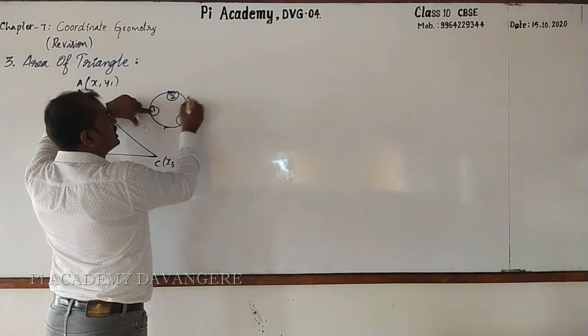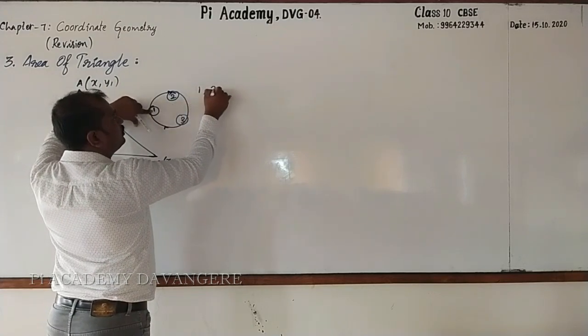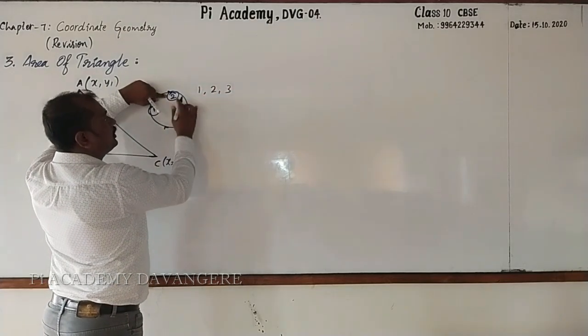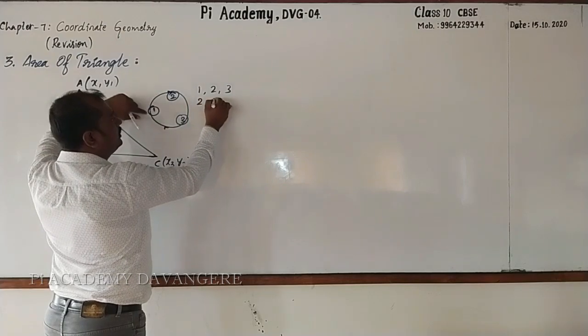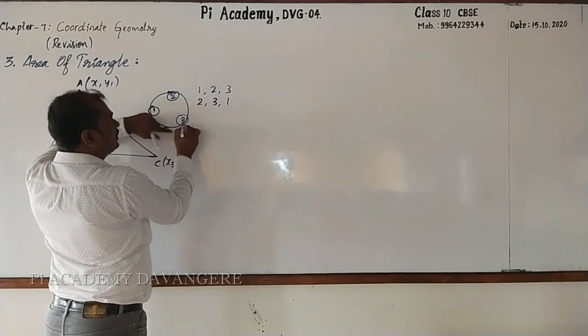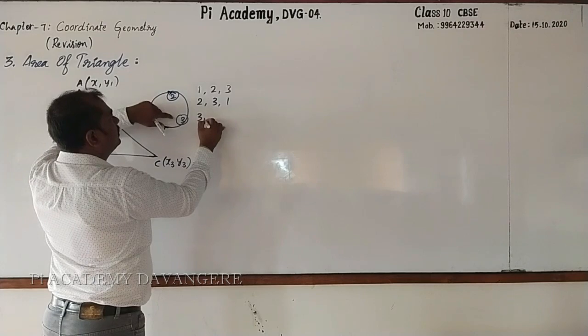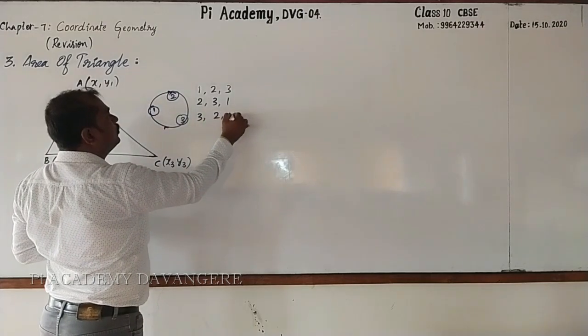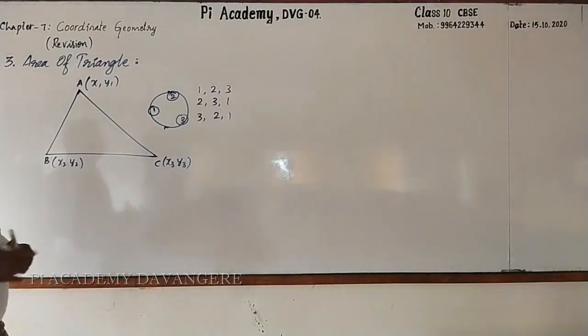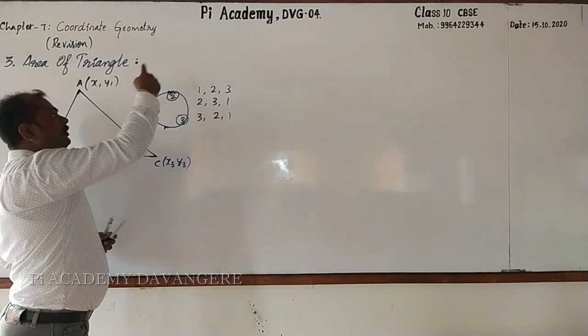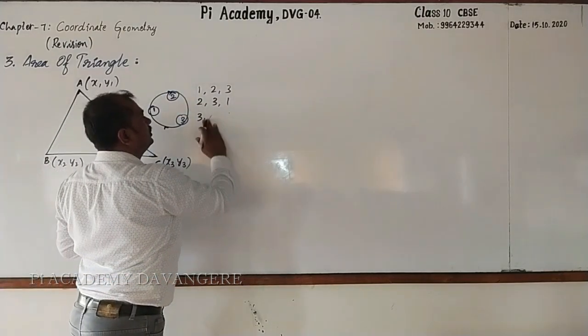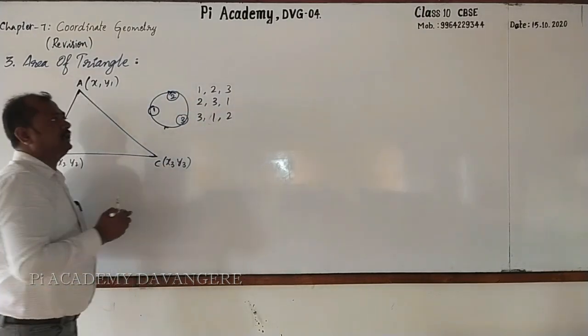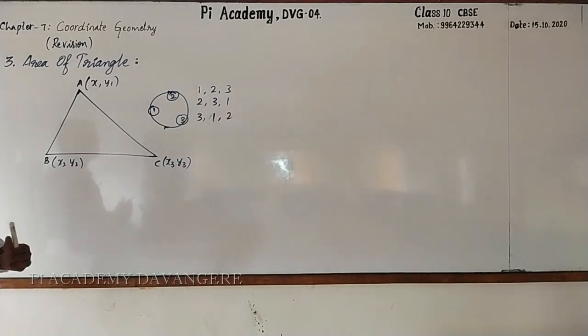Okay, if you start from 1, we write 1, 2, 3. If you start from 2, 2, 3, 1. If you start from 3, 3, 1, 2. These are the cyclic numbers.